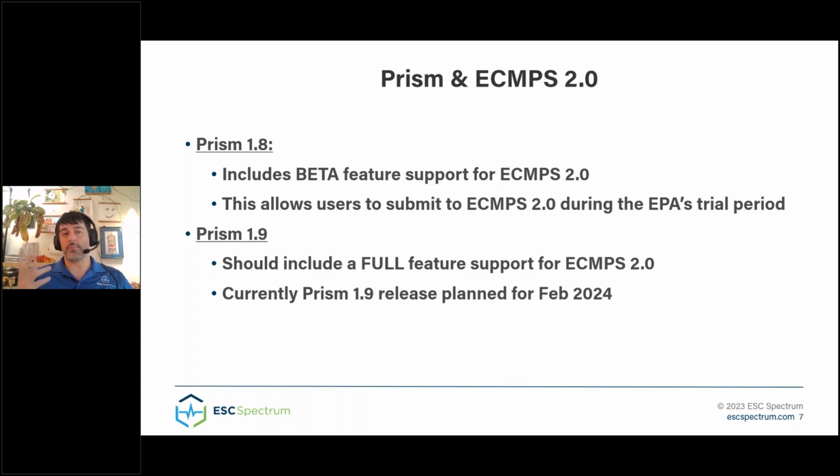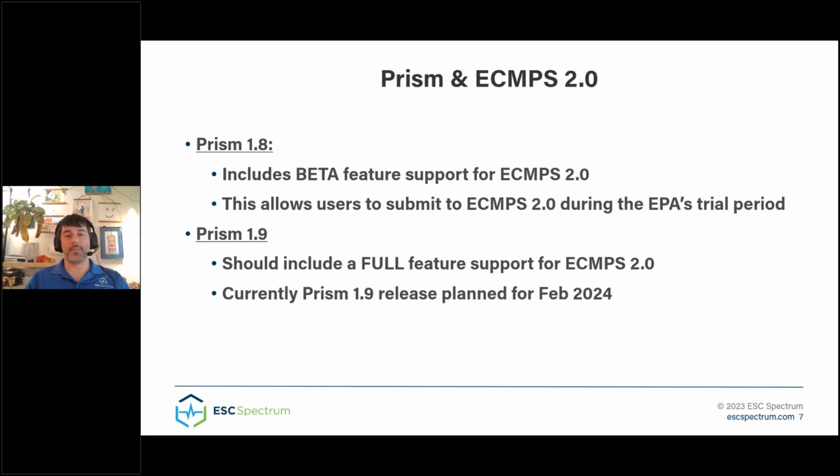The reason we're calling it beta support is because the ECMPS 2.0 system is also in beta, which means that even right now, if our product and ECMPS 2.0 are completely in sync, meaning that you can submit everything, no problems, there's no bugs, anything like that, ECMPS 2.0 is still undergoing development on their end. And so as they make changes and improvements, we may fall out of sync with their requirements.